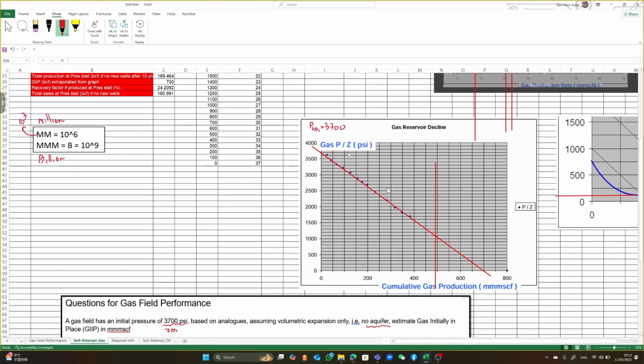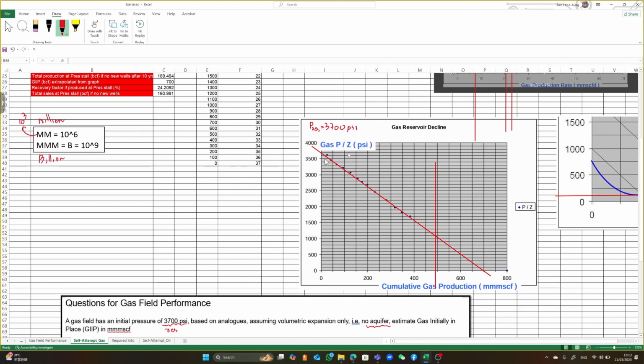Because we don't have any aquifer, we don't have any deviation from the main pressure trend. So we can start from 3,700 psi, the reservoir pressure, and extrapolate that line until it intersects the cumulative gas production profile.